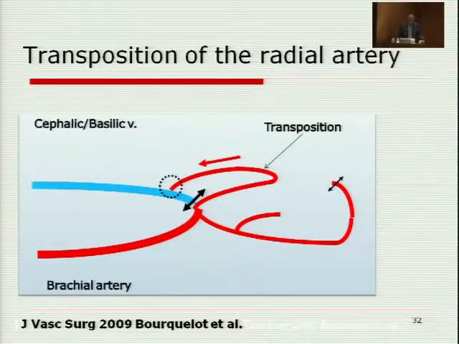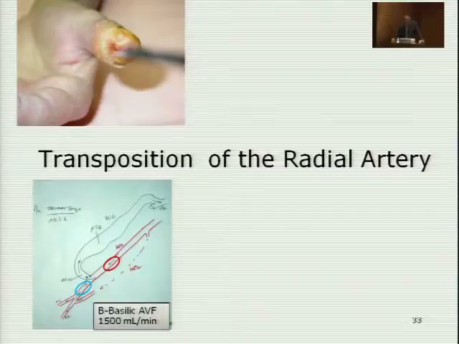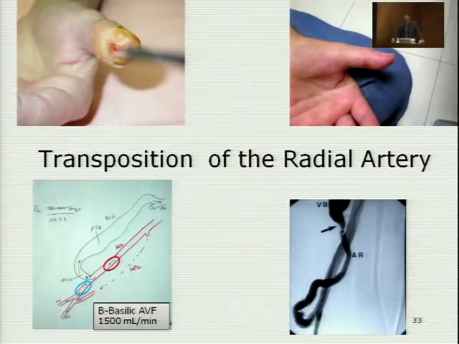It's a rather difficult operation, especially the anastomosis between a very small artery and a large and thick vein. Of course, we always use a surgical microscope, and this is a case where it was used not for cardiac problem but for ischemia, and you can see that the result was excellent.